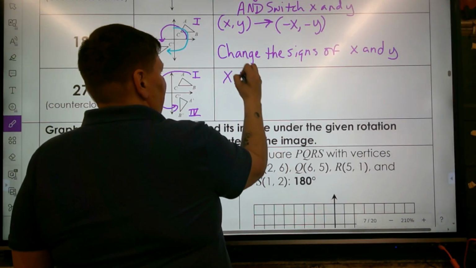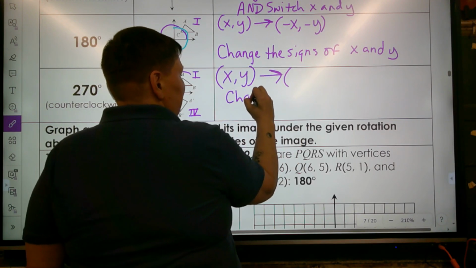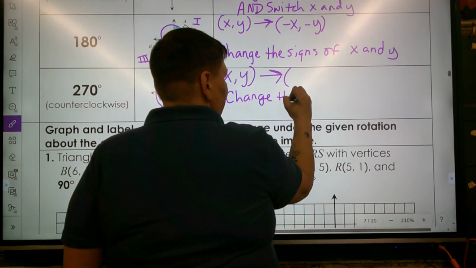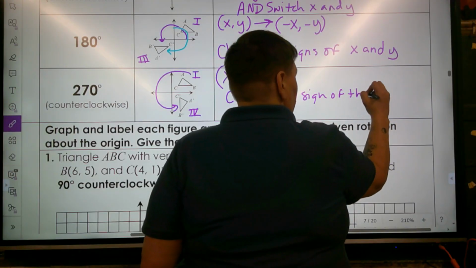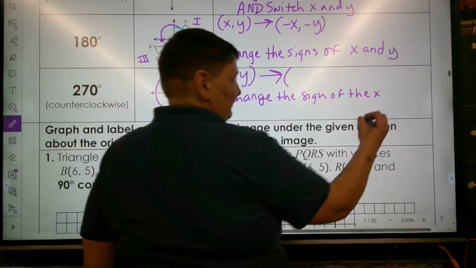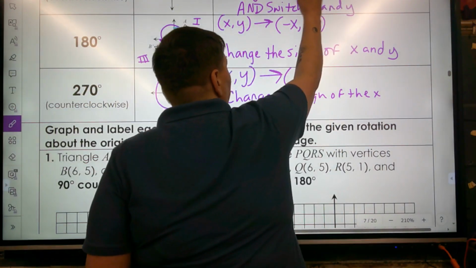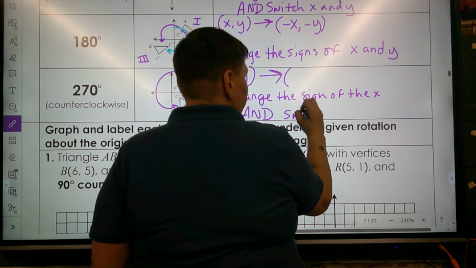And the rule is change the sign of the x, if it's positive, make it negative. If it's negative, make it positive. And switch x and y.